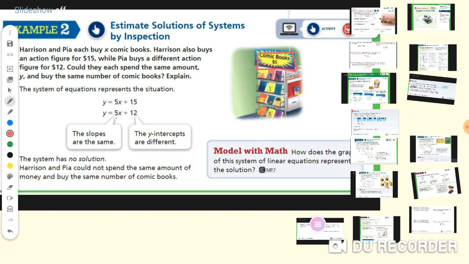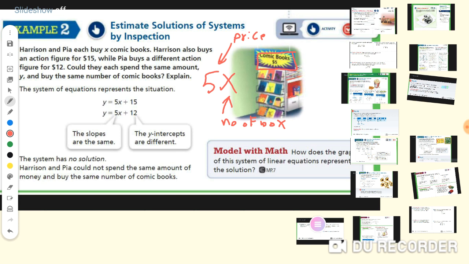So each one buys x comics, and one costs 5, so it's 5x. x is the number of boxes. And 5 is the price. I know the price, but I don't know how many boxes they buy.